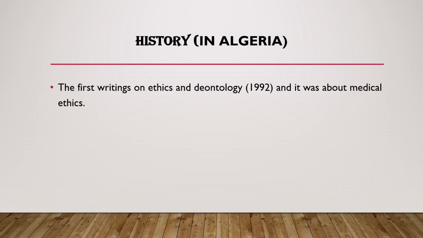Applying ethics and deontology was recent in Algeria. The first writings on ethics and deontology date back to 1992, and it was about medical ethics, which means rules which govern the medical institutions.